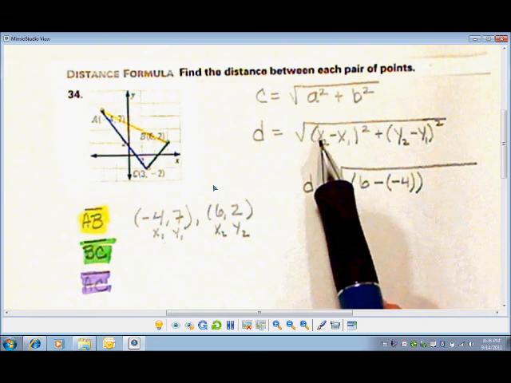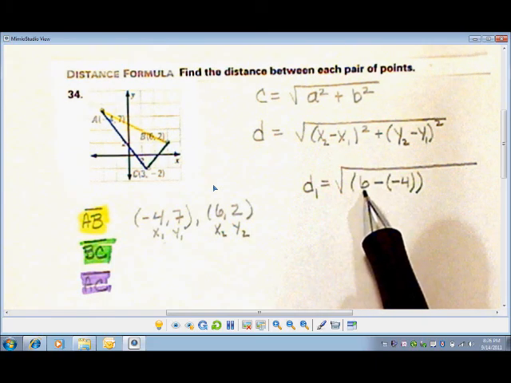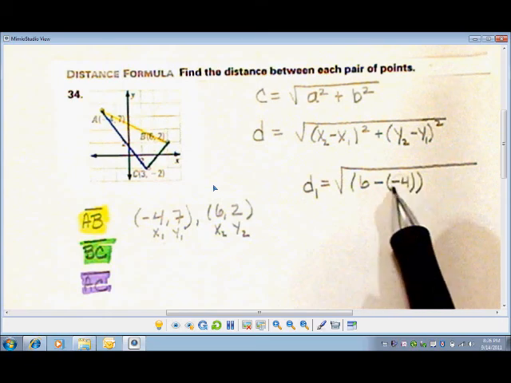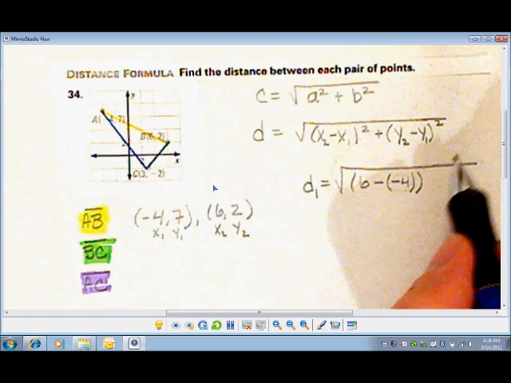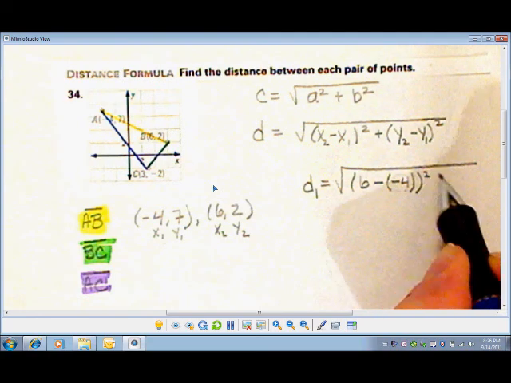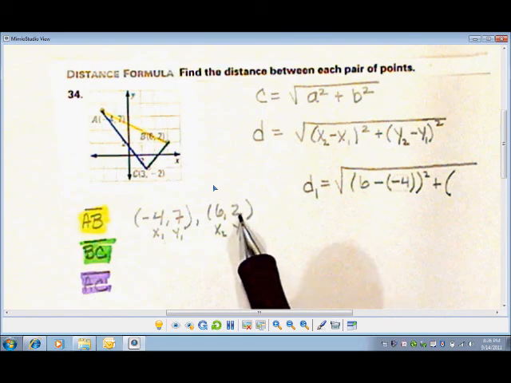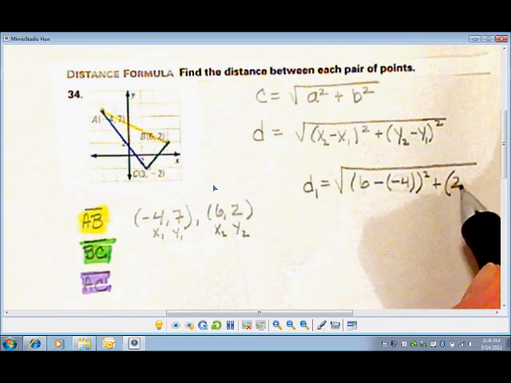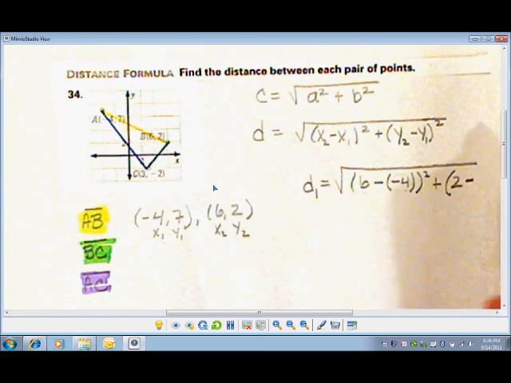So this is x2 minus x1. x1 was negative. Notice how I put it in parentheses. Don't forget the square. Plus y sub 2. Well, y sub 2 is 2. Minus y sub 1, which is 7. And that's all squared.